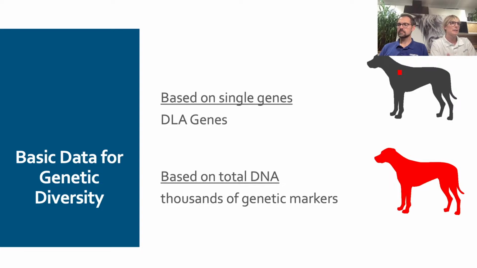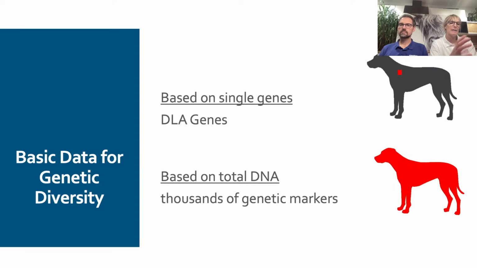They are single genes, so in summary, that's three different genes that we test. And as you see in the picture, it is a very, very small part of the dog we are looking at, but it is an important part, because the higher the diversity in these genes, the better the immune system is working.